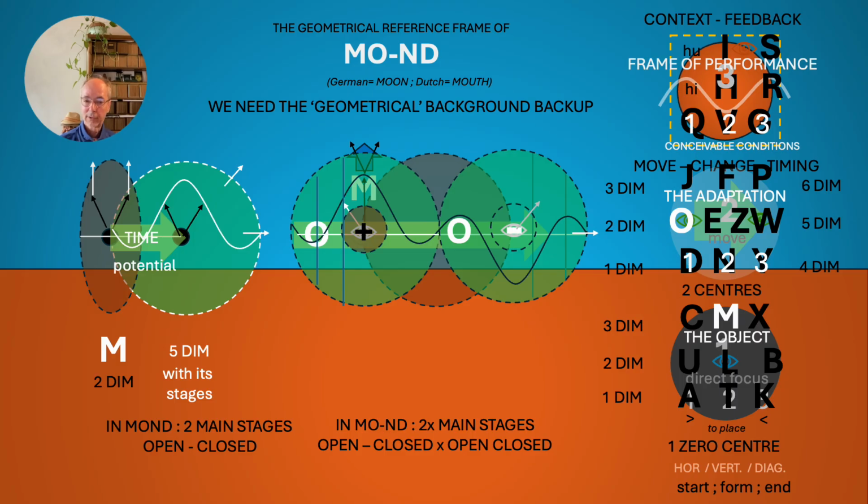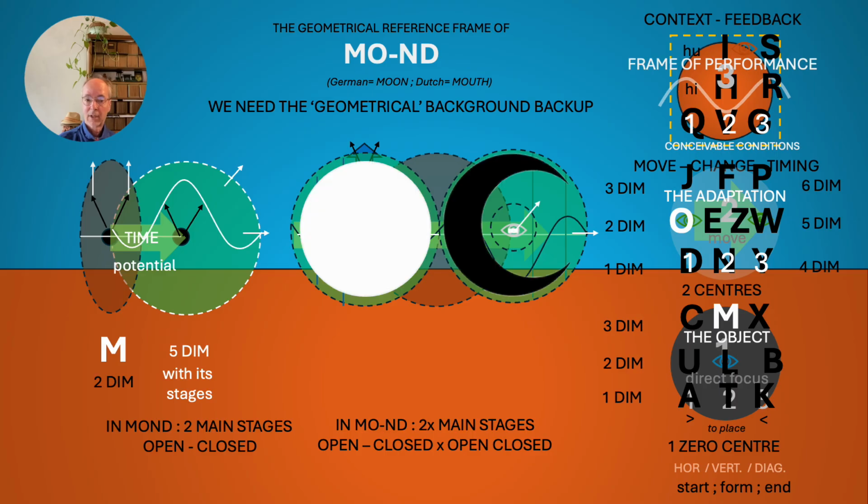It has all stages of opening and many more opening and closing stages in many more options, between full and empty, and between the forms in between. So almost the doubling of focus compared to MOND with just one O idea.